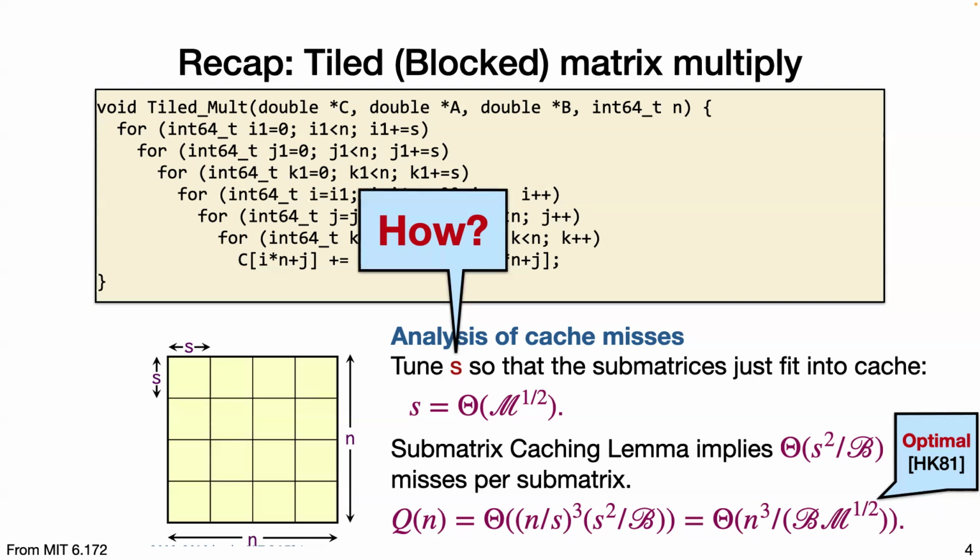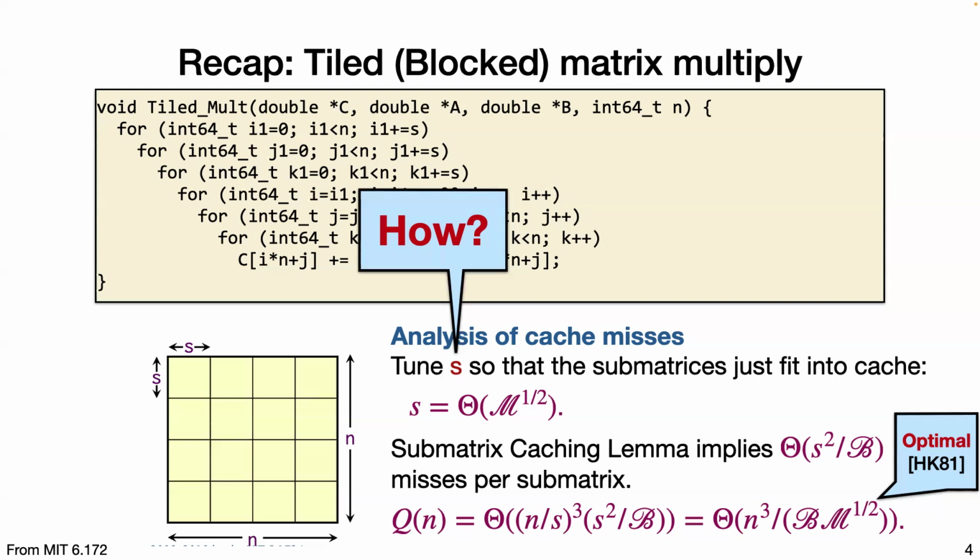Of course, yes. So we're trying to analyze the number of cache misses. The way that we're going to do that is we're going to count the number of subproblems times the cache misses per subproblem. The number of subproblems is (n/s) cubed, because there are n/s of these subproblems on one side, and previously it was n on one side.